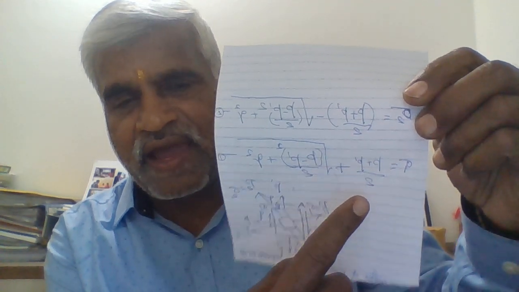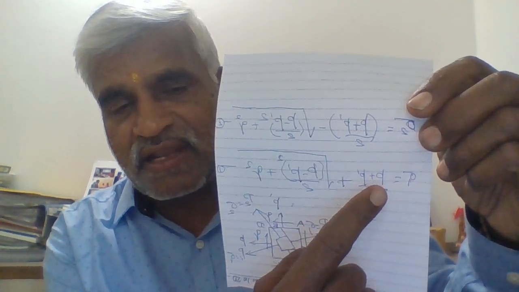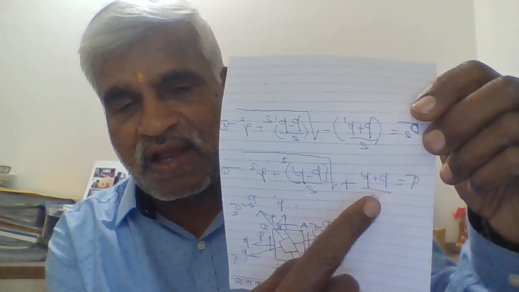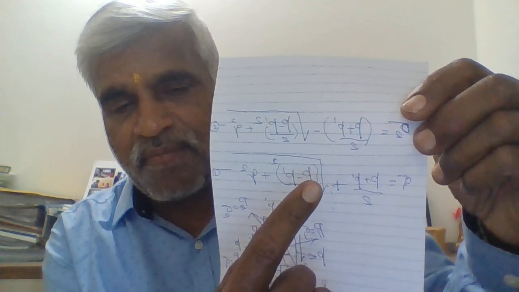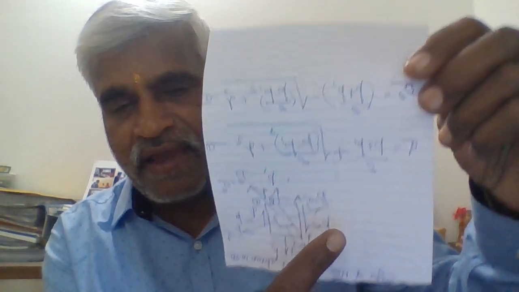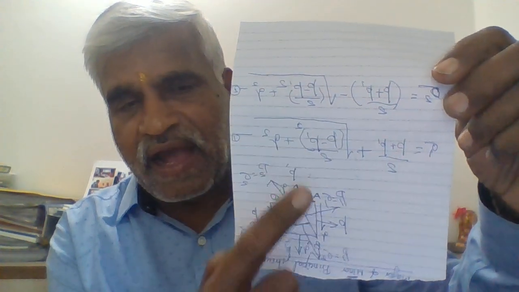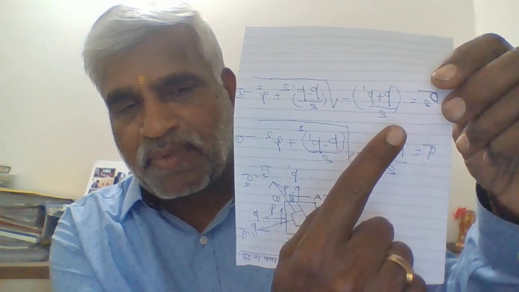Like that you can find. If both are compressive stresses, minus P dash by 2 will come, and (minus P plus P dash) by 2 whole square will come. Okay, so this is the major principal stress equation.